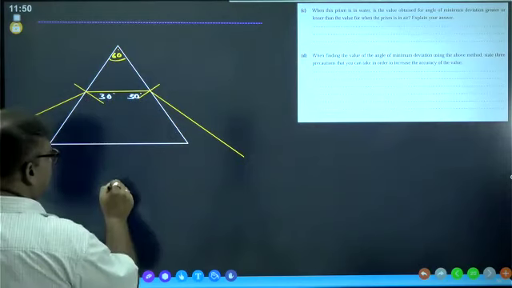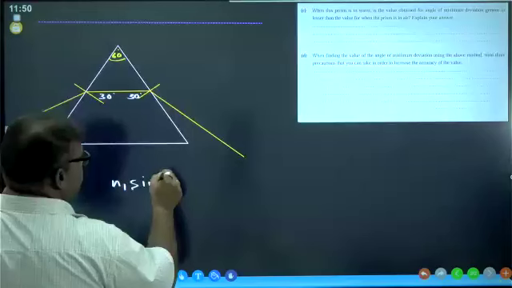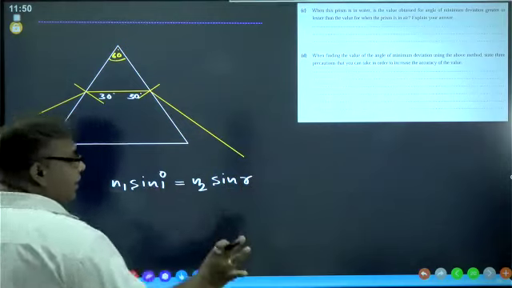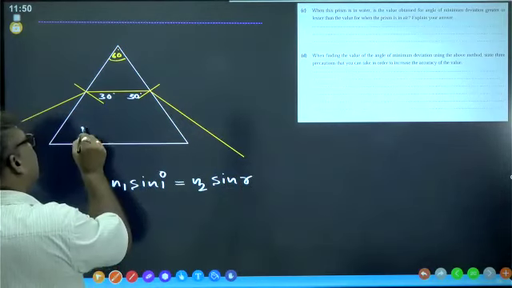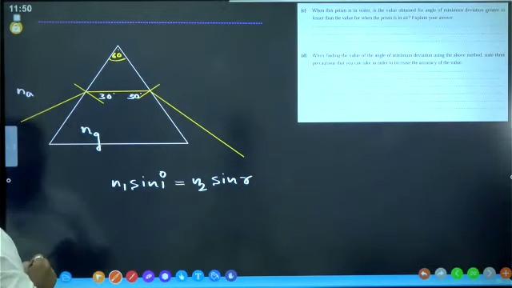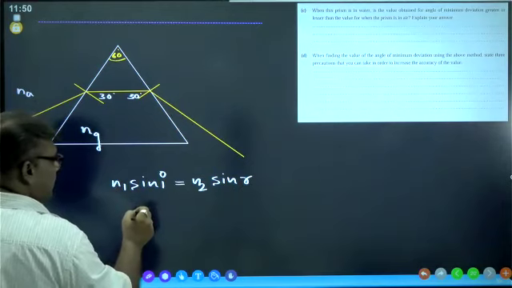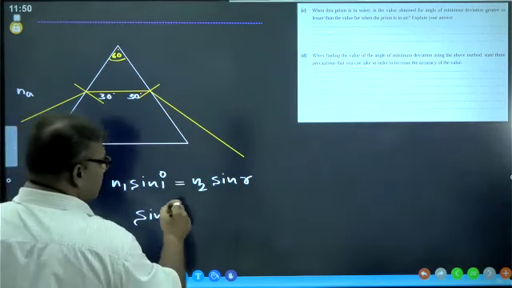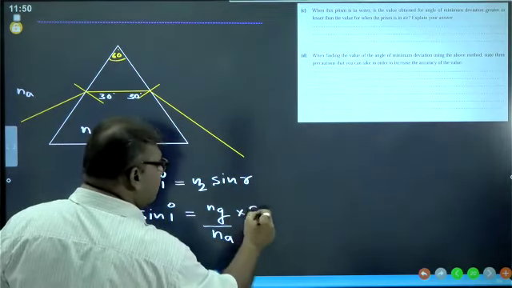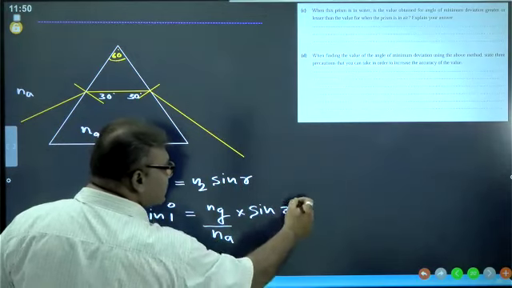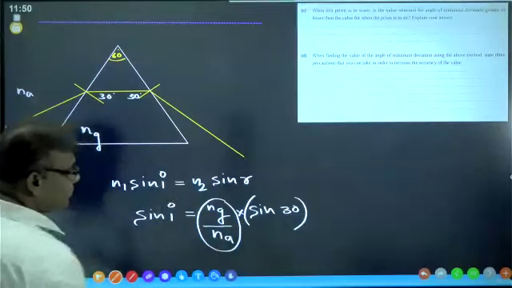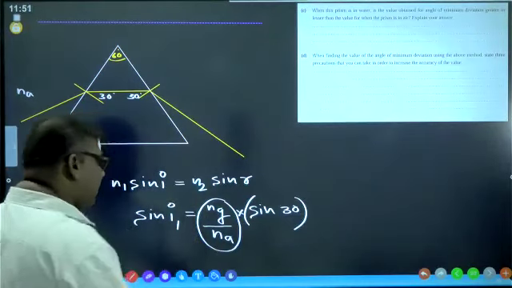Then we have n1 sin I equal n2 sin R. First of all, when we have air, this one prism, glass prism, here, if it is air, N air becomes 1, then sin I is given by Ng over N air into sin R. Sin R is sin 30. This is a definite value, no? Then sin I is directly proportional to this one, right? Okay, let it be I1.